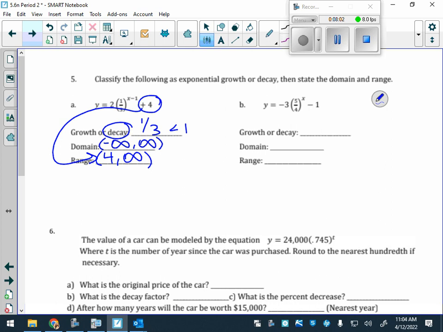Okay. Now for B, let's see. Campbell, growth or decay? Growth, good. 5/4 is greater than 1. Okay. Domain and range, Laurel.